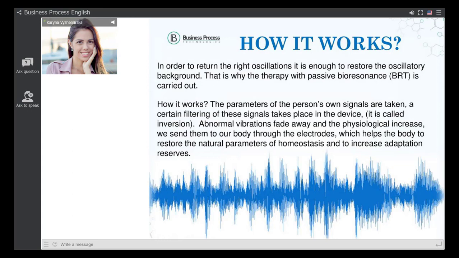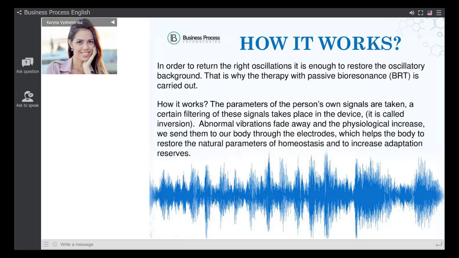So, in order to return right oscillations, it is enough to restore the oscillatory background. That is why we need a passive bioresonance therapy, and it's carried out using our Life Expert Professional device. How it works: the parameters of the person's own signals are taken, and a certain filtering of these signals takes place in the device. It's called inversion.